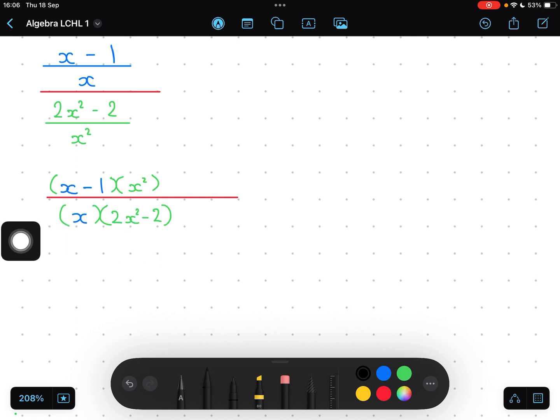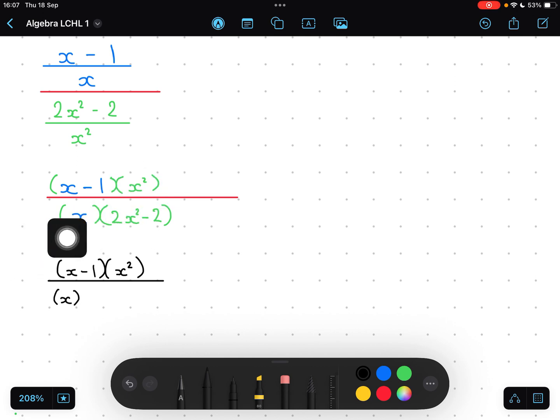Other than that, everything else is being carried down to the next line. So I'm going to carry down my x minus 1 and my x squared. When I'm not changing it, I literally just carry it down onto the next line. In that step I could have noticed that this x can divide that x squared and just leave me with an x on the top line, or I can leave that until the next step.